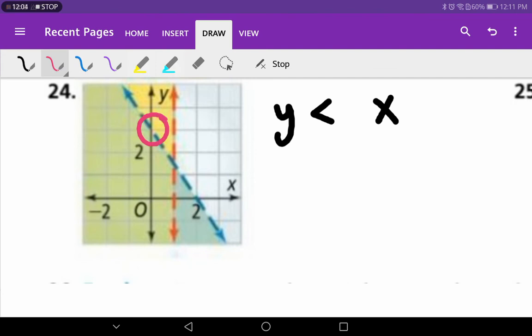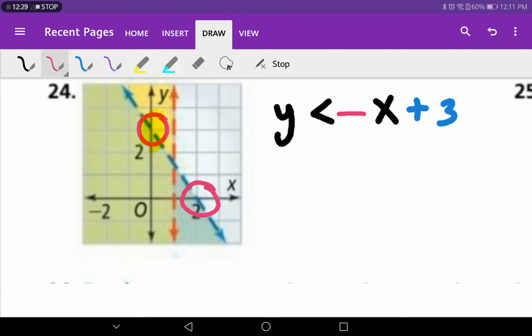It is 1, 2, 3, so plus 3, and we are waiting to find the coefficient of x. This is the first nice point. I have to determine the second one. Clearly it is here.